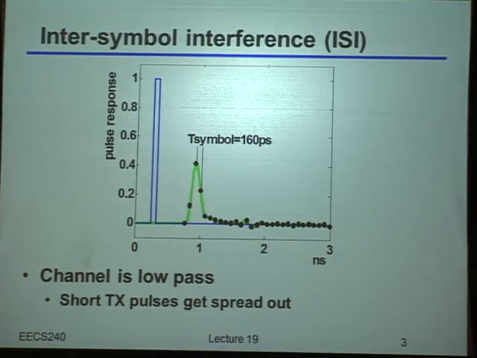It turns out the best way to think about that is to just take a bit at our transmitter and then pass it through our channel, meaning pass it through the transmission lines and stubs, etc., and see what's the analog voltage waveform that shows up on the receive side.